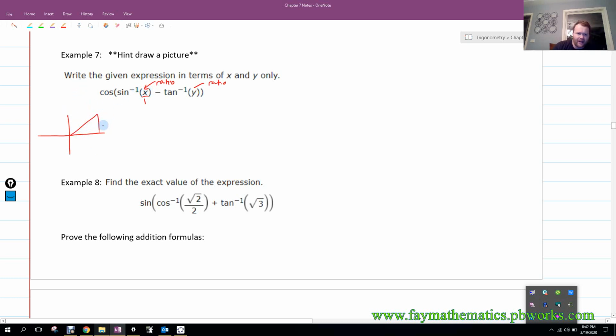So that's the opposite, that's the hypotenuse. Working through the Pythagorean theorem, let's call this segment A. Then a squared plus x squared should equal 1 squared, so a squared will be 1 minus x squared, and this a is going to be the square root of 1 minus x squared.